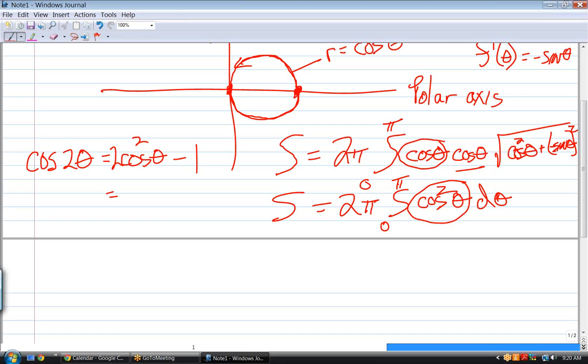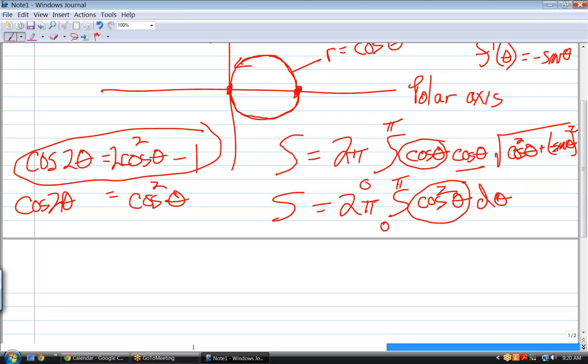So the way I integrate cosine squared theta would be to convert it using that. So I get cosine squared theta equals cosine 2 theta plus 1 divided by 2.